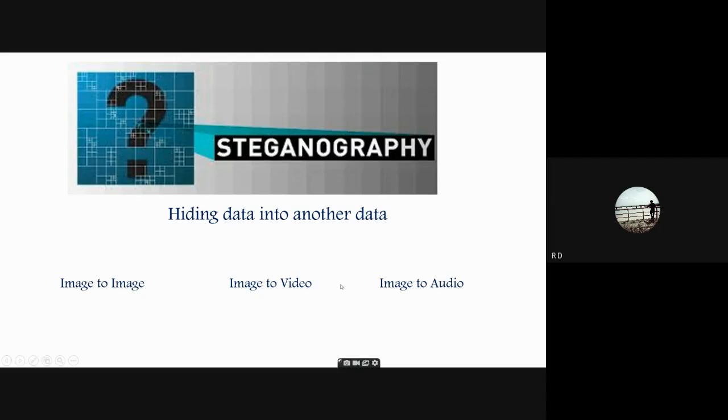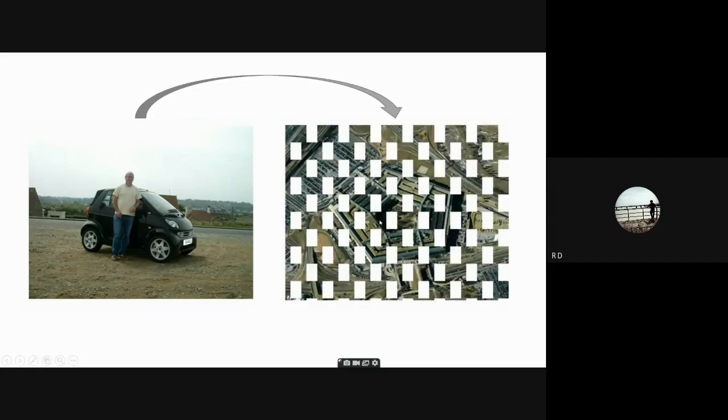So how this works is basically, see this picture here. If you want to hide this picture into another picture, what will happen? The steganography algorithm will break the picture into small parts. It will remove some of the parts from this particular image and insert the pixels, the zeros and ones, there.